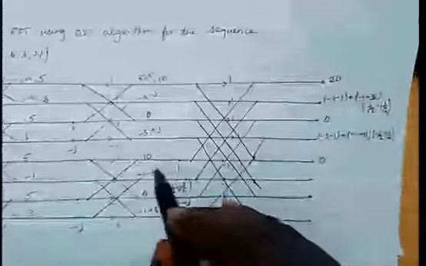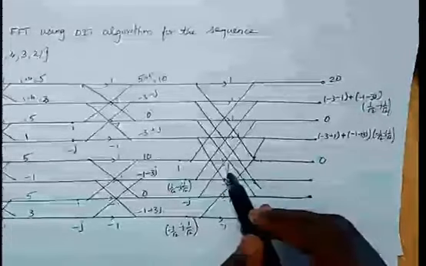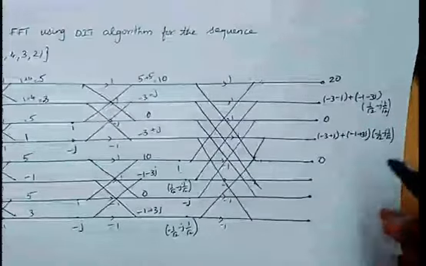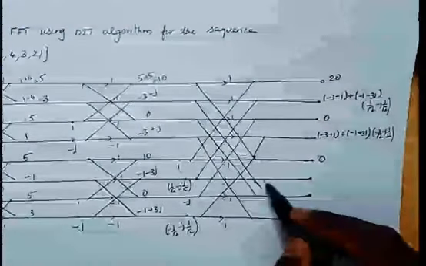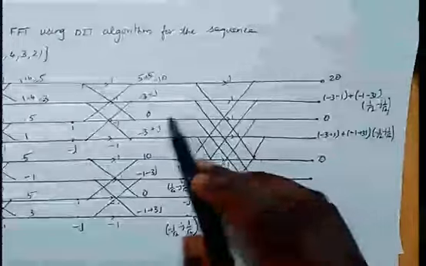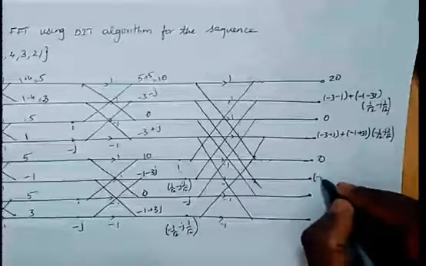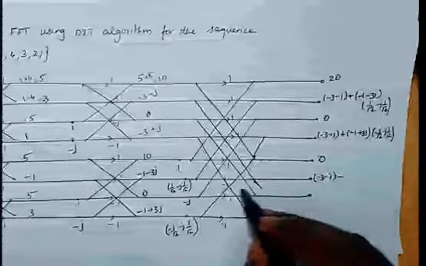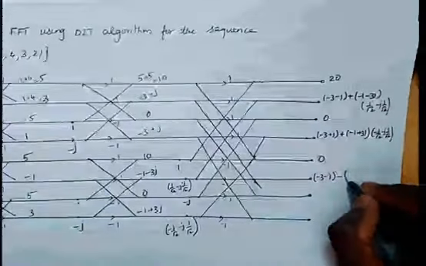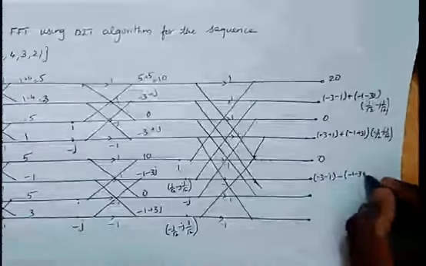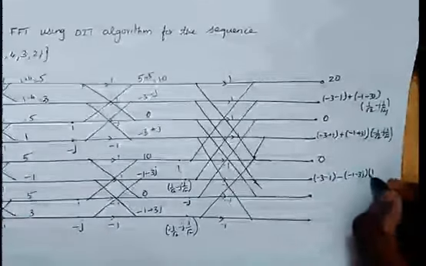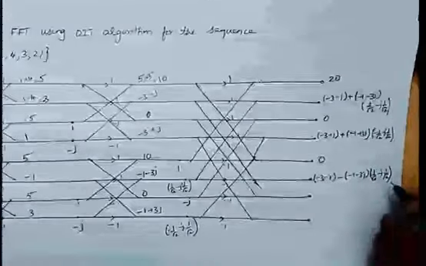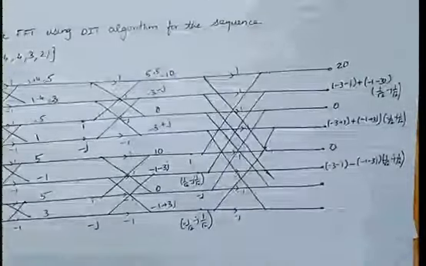And here is going to be minus 3 minus j, minus minus 1 minus 3j into 1 by root 2 minus j into 1 by root 2.